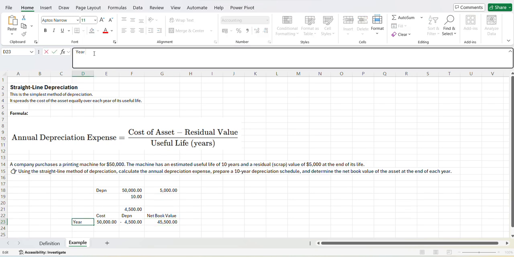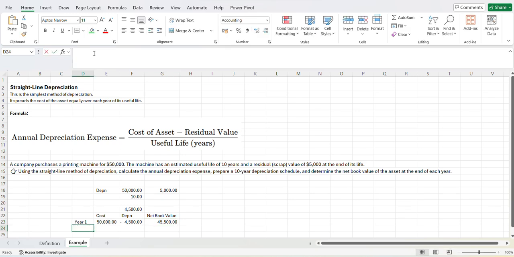Okay, so at the end of year 2, the cost is still 50,000. The depreciation is still 4,500.